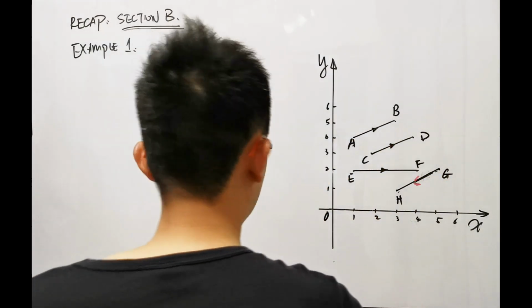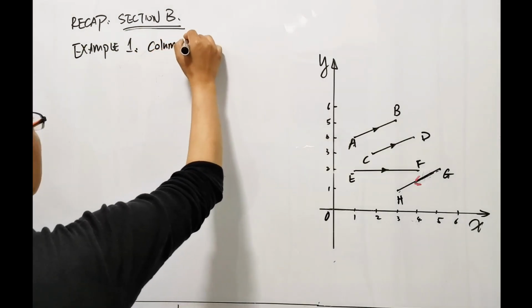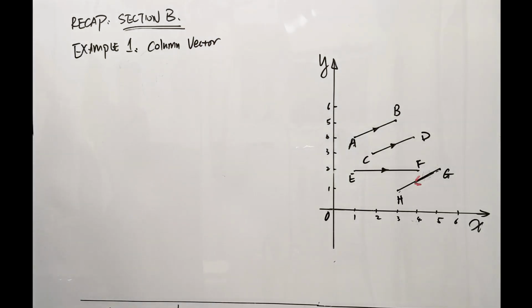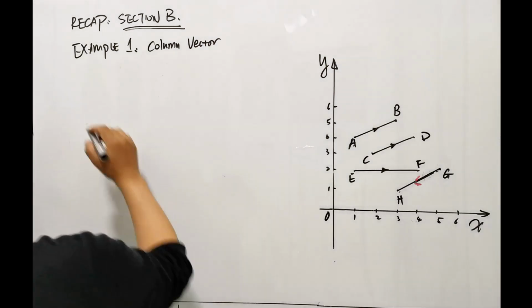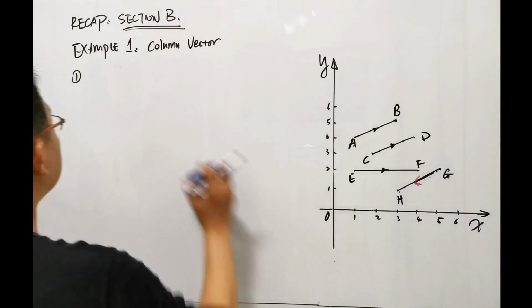Okay, next, work out and write the column vector. So let's give the first one, A, sorry.